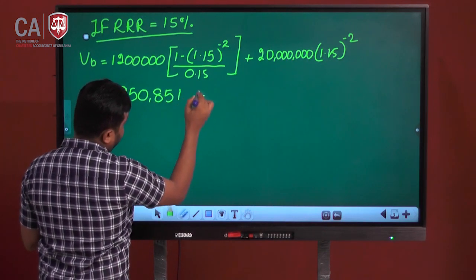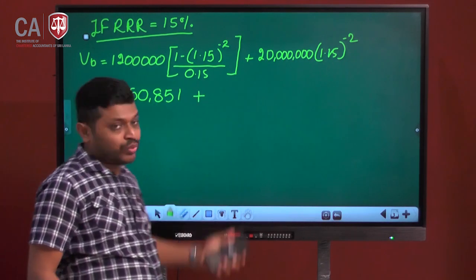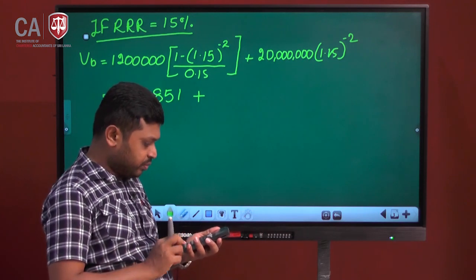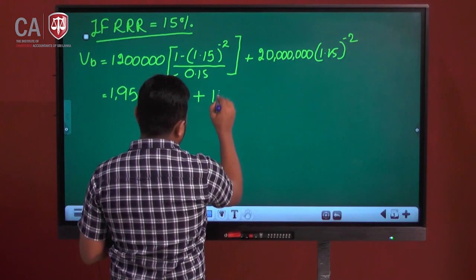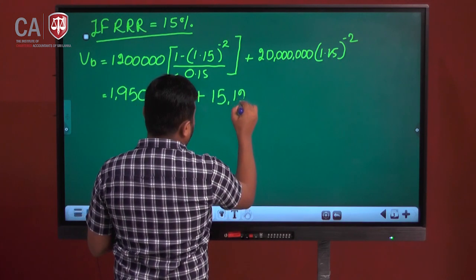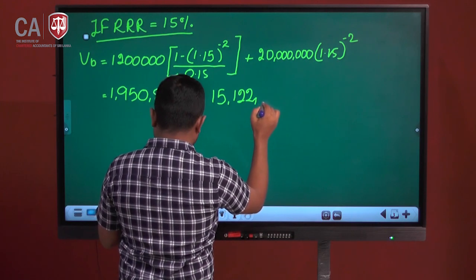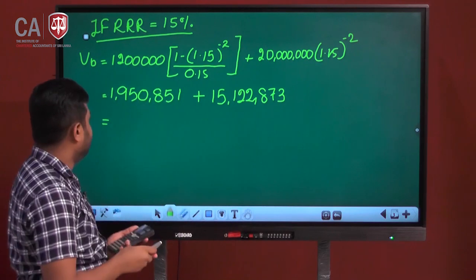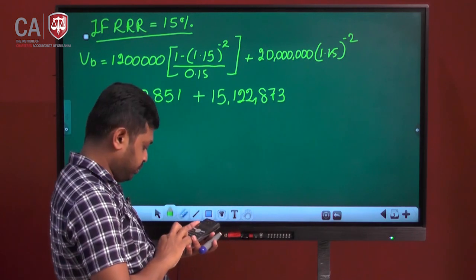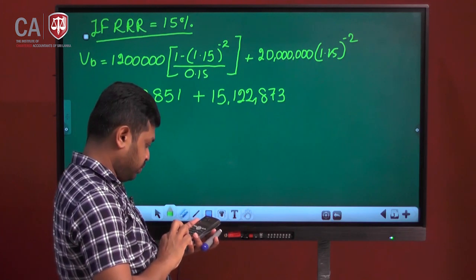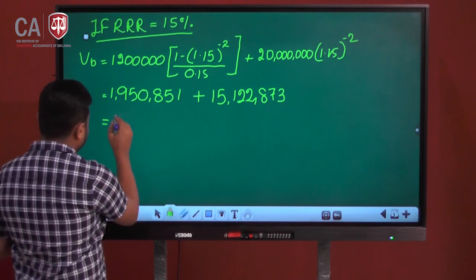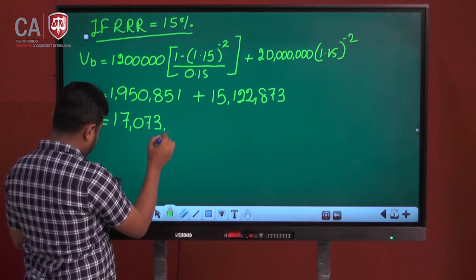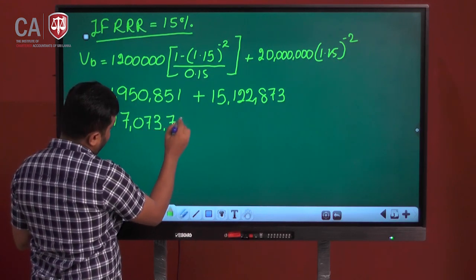The annuity part is 1,950,851, plus the present value of this 20 million, 1.15 to the power minus 2 times 20, which is 15,122,873. Now we can take the total: 17,073,724.